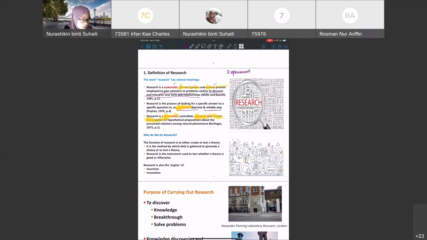So, an organized, reliable way. You must set a target. Maknanya research ni must find the answer to the problem. Okay, so set target, set the objective, and it is in a systematic way.